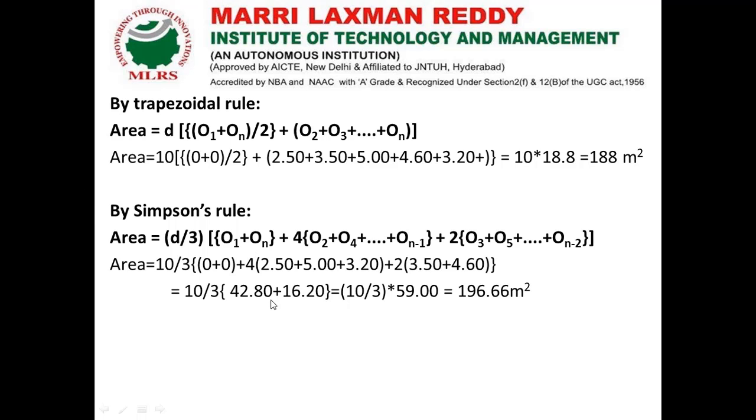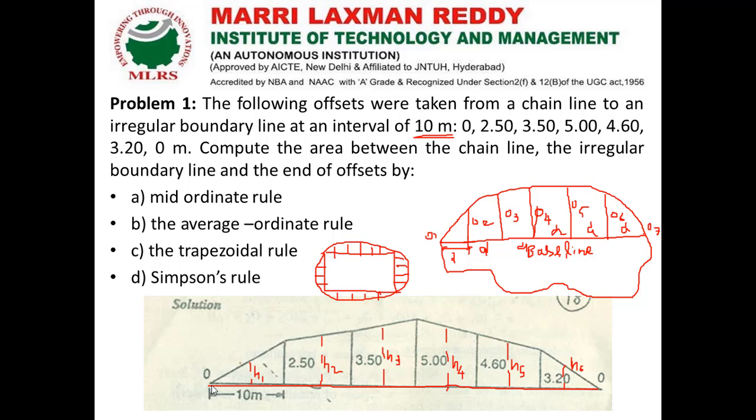Now we can go to the calculation: 10 divided by 3, first ordinate plus last ordinate, that is 0, plus 4 into even ordinates, that is O2, 2.5, plus O4, 5, plus O6, 3.2.